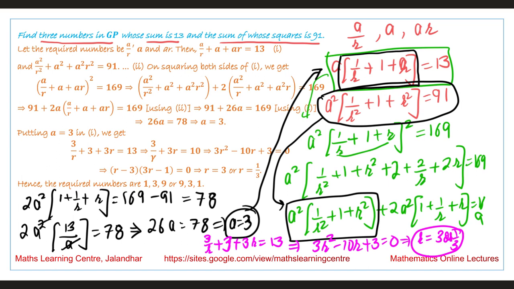So we are getting the two values of r, r is equal to 3 or r is equal to 1 by 3. Another, we are getting a is equal to 3. Now by substituting these values in the numbers we have considered, a by r, a and ar, we obtain these two answers, that the required numbers are either 1, 3, 9 or they can be 9, 3, 1.